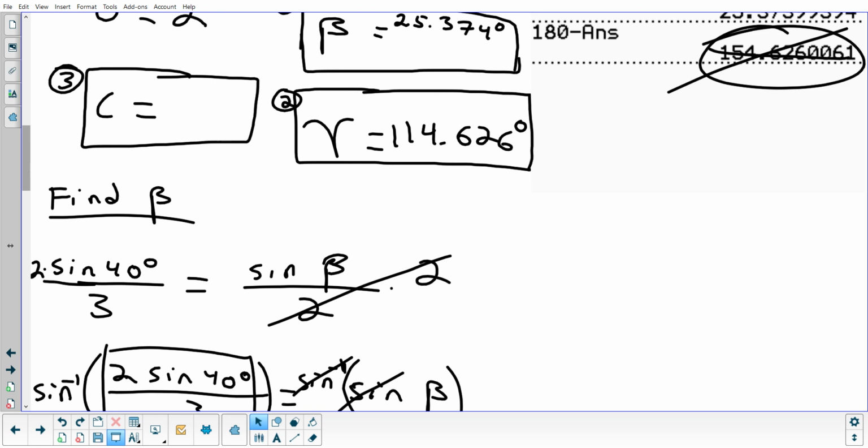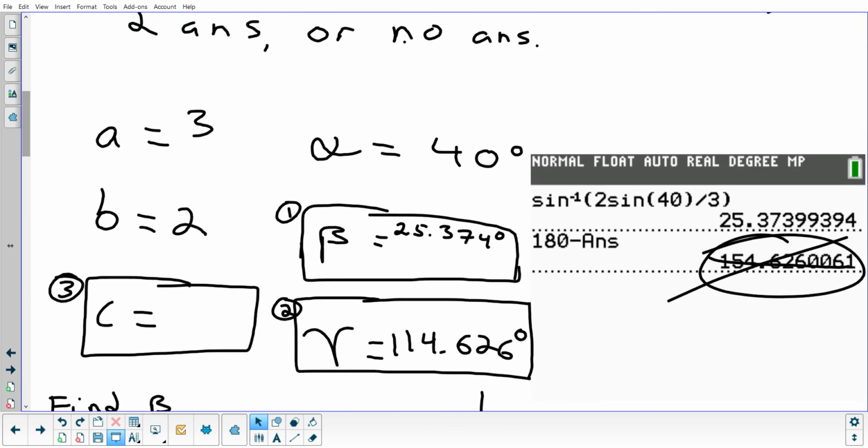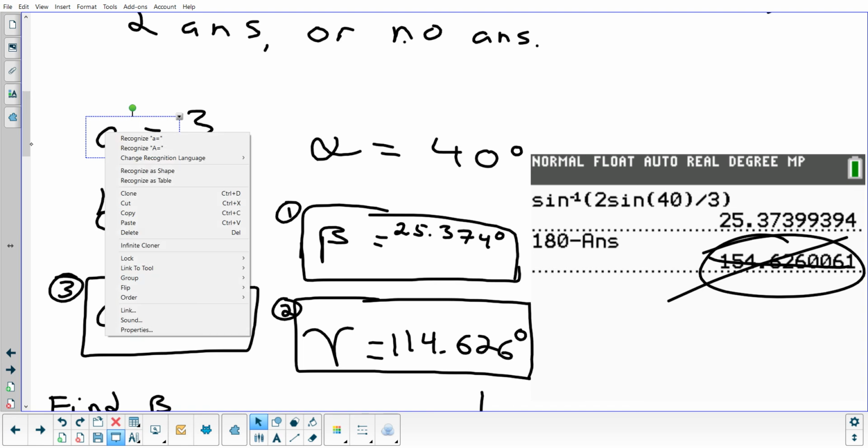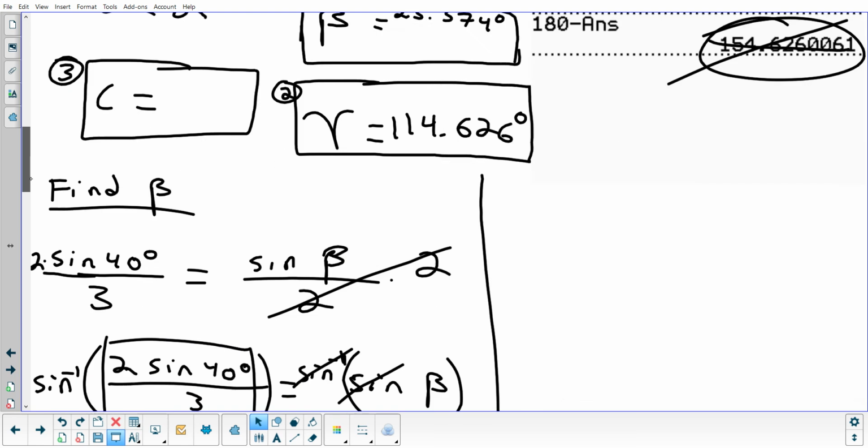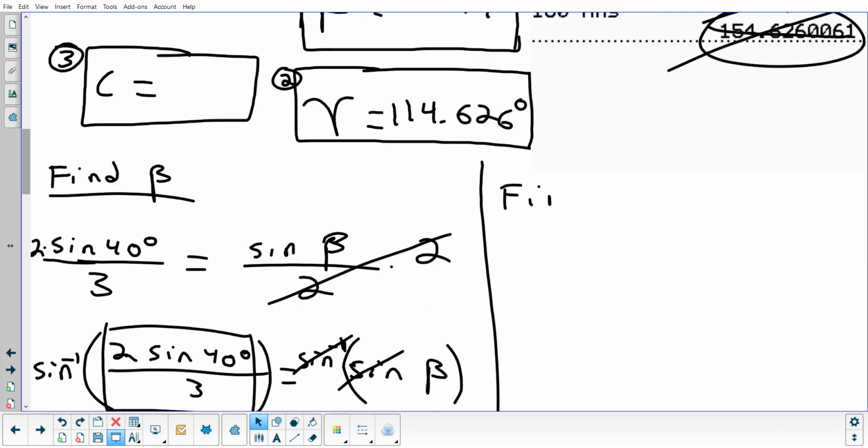Okay, and the last thing, to get C now, do it just like we did the first two. Pick a row that has everything in it. Use that. I would pick row A because we know it's right. So let's do sine 40 over 3. And what's going to go on the other side to finish it up and solve for C?